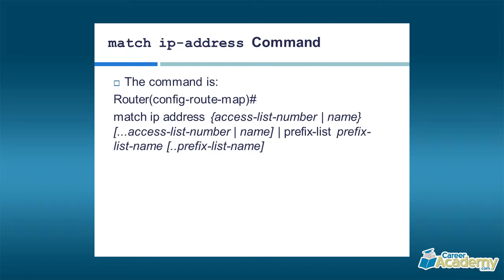The match ip address command is the command that you see here: match ip address access-list-number or name, or prefix-list name. The access list number or name is the number or name of a standard or extended access list to be used to test incoming packets, while the prefix list name specifies the name of a prefix list to be used to test packets.